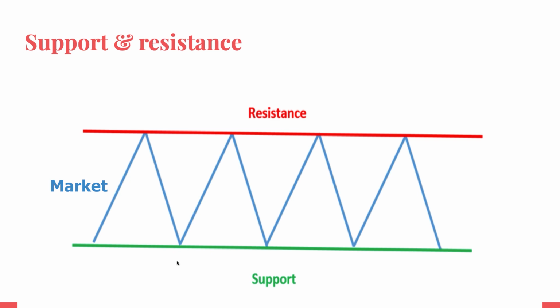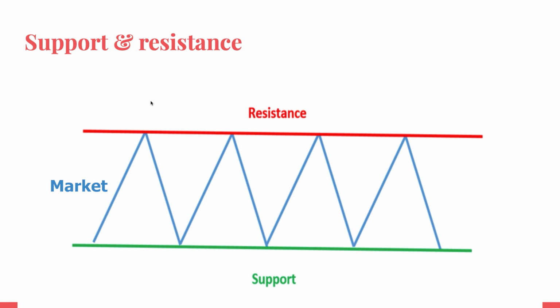So this is a support level, because every time the market reaches this certain level, the market decides to change direction. As you can see, it happens more than 2 times, like 1, 2, 3 times. The market was always changing direction when it reached this certain level. So this certain level, we're going to call your support.